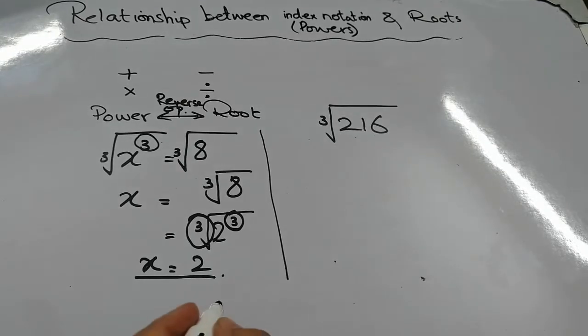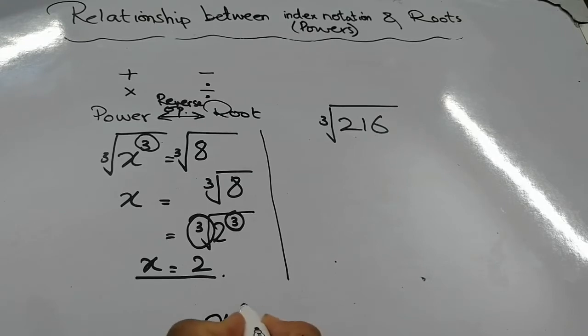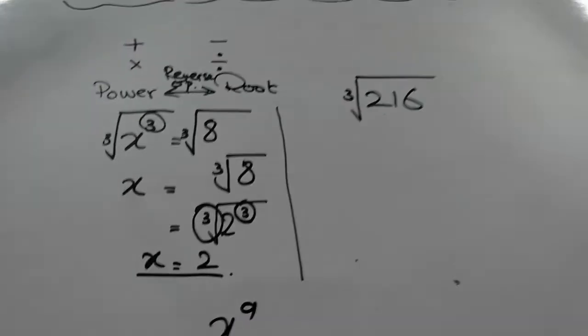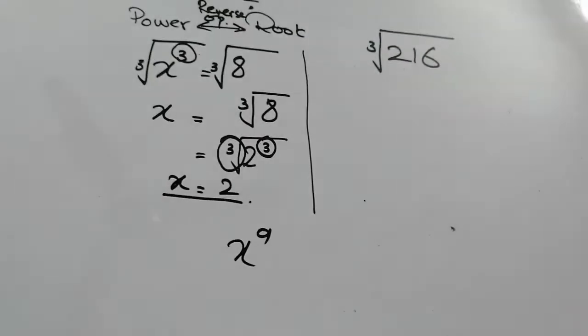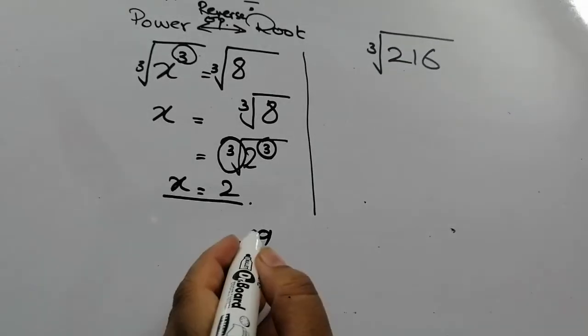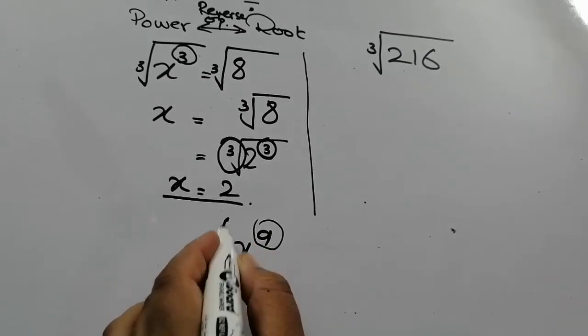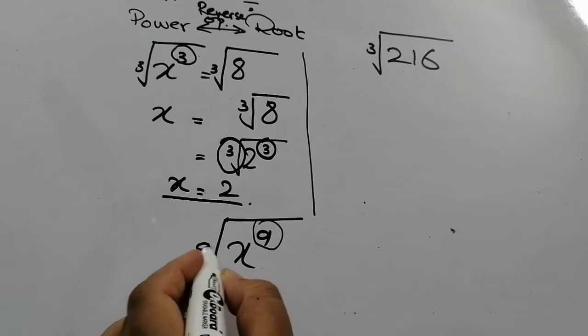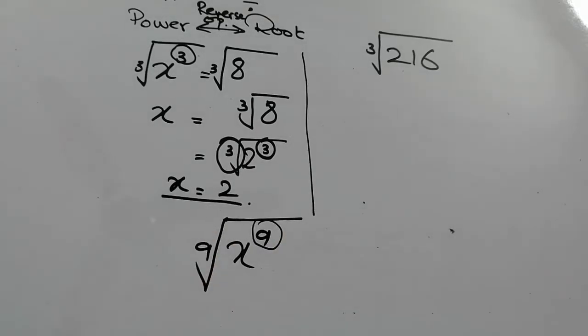Like if x has a power of 9, this is very interesting. So if x has the power of 9, to get rid of this 9, I need to take the 9th root. So they will be cancelled because they are the reverse of each other.